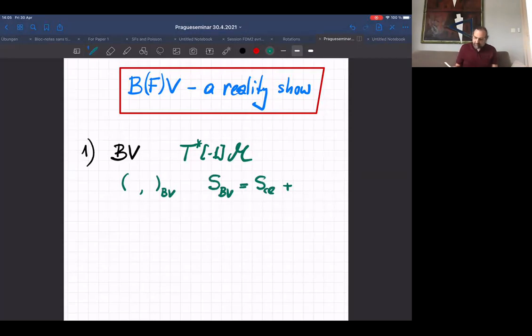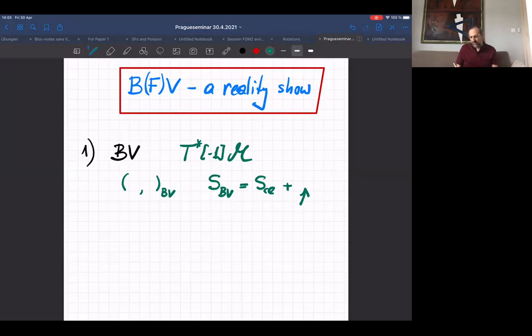And in degree 1, in this extension, you usually have the gauge transformations times the momenta in this space.